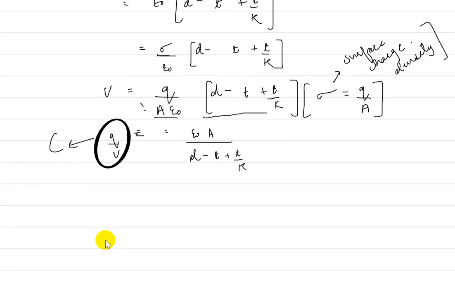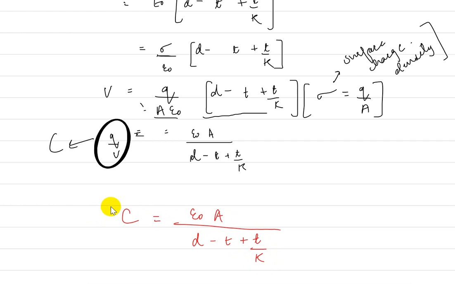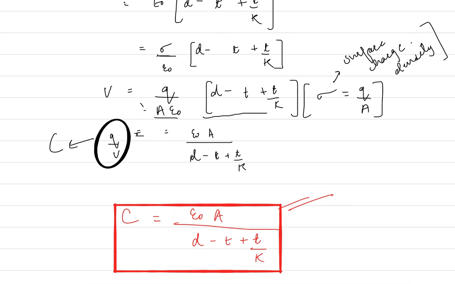So we get the final answer, that is C is equal to epsilon naught A upon D minus T plus T by K. This is the capacitance of a parallel plate capacitor when we introduce a dielectric slab.